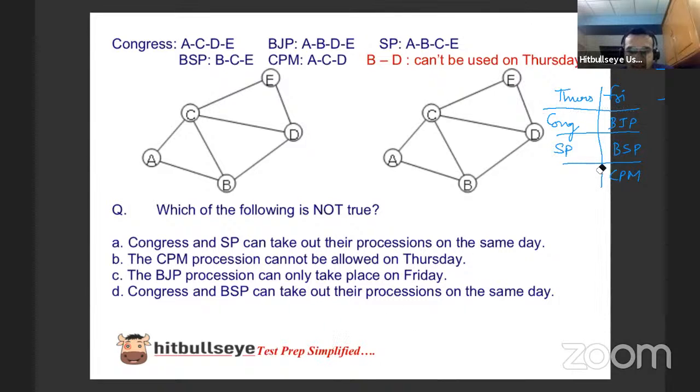Yes. Now we will have our answers very, very quickly and fast, right? So we can see that Congress and BSP cannot. So what we're looking for is false. We can take out position on three, though no, it is not correct. So D is the right answer. Clear, everyone? From the table, now we are able to answer it very, very quickly and sharply, right? Shall we go to the next one?